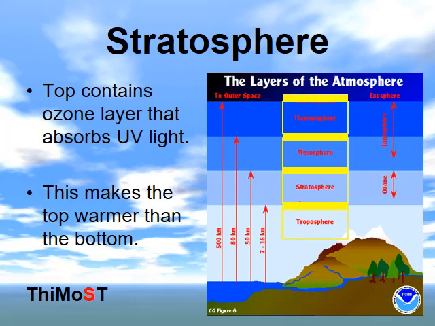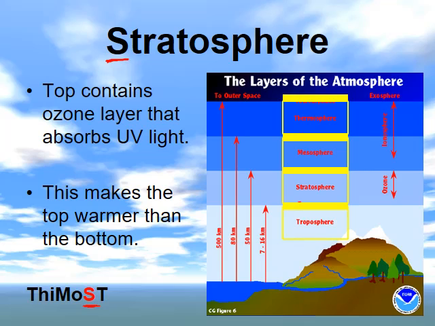The second layer up from the inside is the stratosphere, and that's the S in thigh-most, the capital S. The top contains the ozone layer, and the ozone layer is what absorbs UV light that keeps it from reaching us down here on Earth.